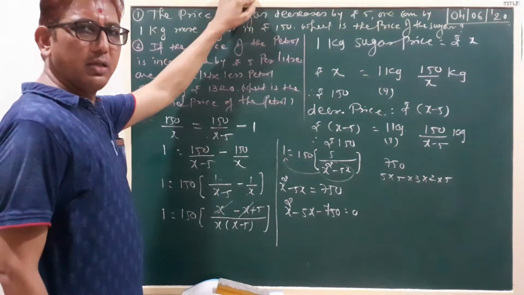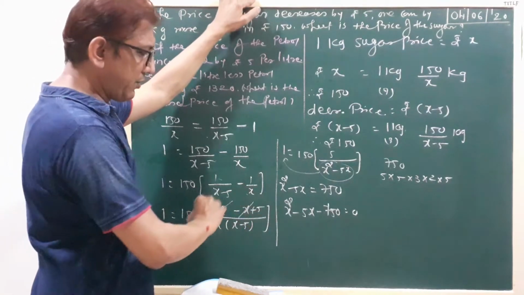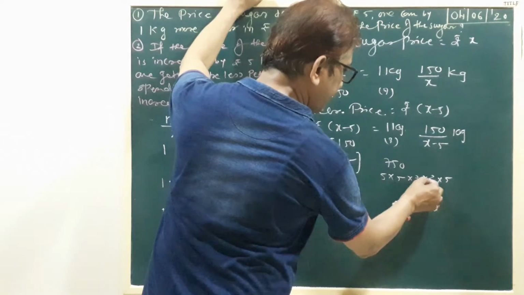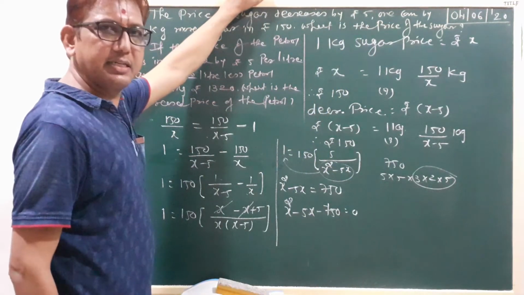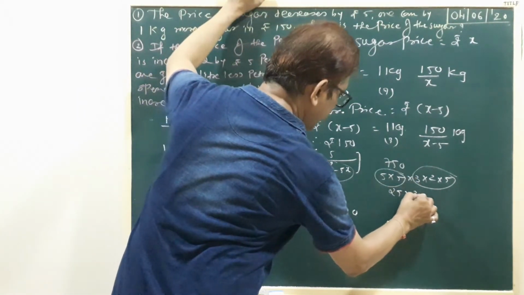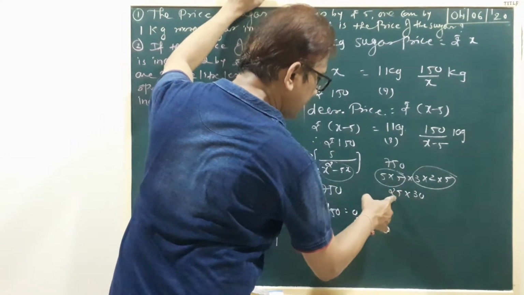Okay. Now select any two groups whose difference is 5. Here 5 3s are 15, 15 2s are 30. First term 5 2s are 10, 10 3s are 30, and 5 5s are 25. Here 25 into 30, 750. 30 minus 25, 5.